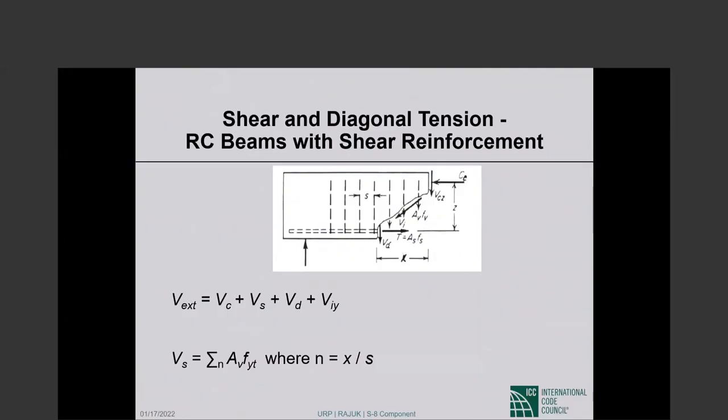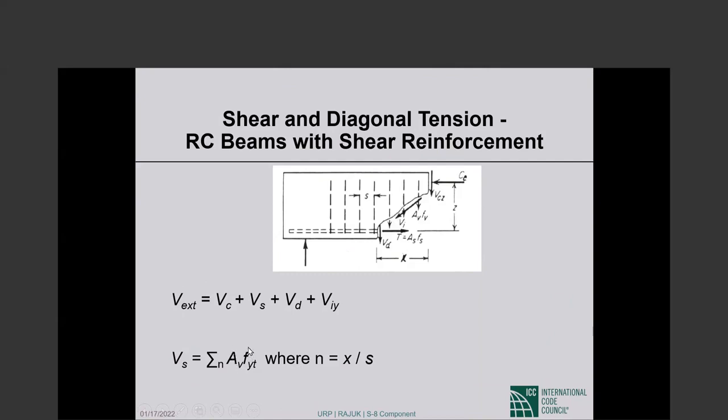Now V external is V sub C, the shear resisted by the uncracked concrete, plus V sub S, shear resisted by the vertical shear reinforcement, plus V sub D, shear resisted by dowel action, plus V sub IY, the vertical component of the aggregate interlock shear. Okay. The shear resisted by the vertical shear reinforcement is, if we take one of those stirrups, total cross-sectional area A sub V, if there are two legs, that will be the area of the two legs.